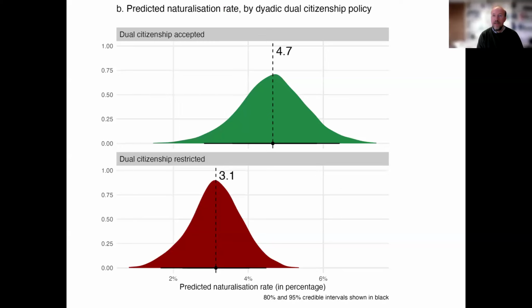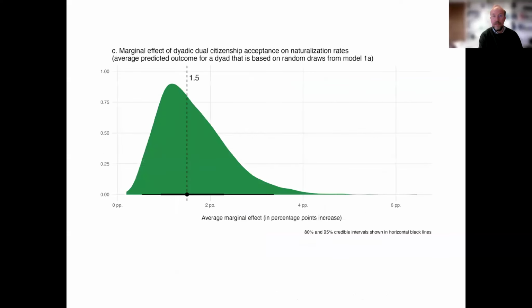When we look at this after doing the Bayesian model, we see that indeed the predicted naturalization rate is almost 5% in these liberal dual citizenship dyads compared to 3% in dyads where this is restricted. So the marginal effect of dyadic dual citizenship is about 1.5 percentage points.